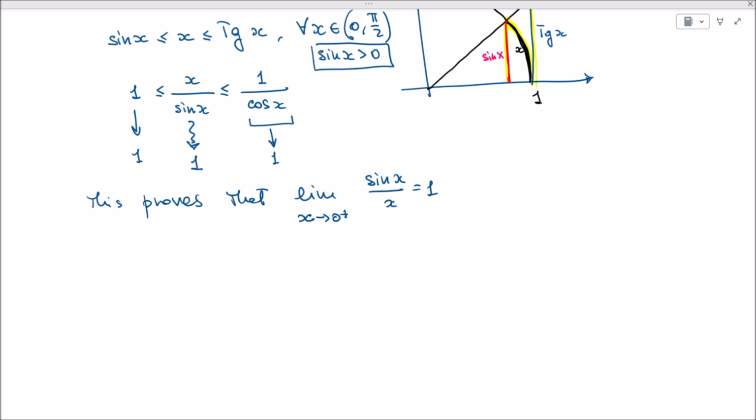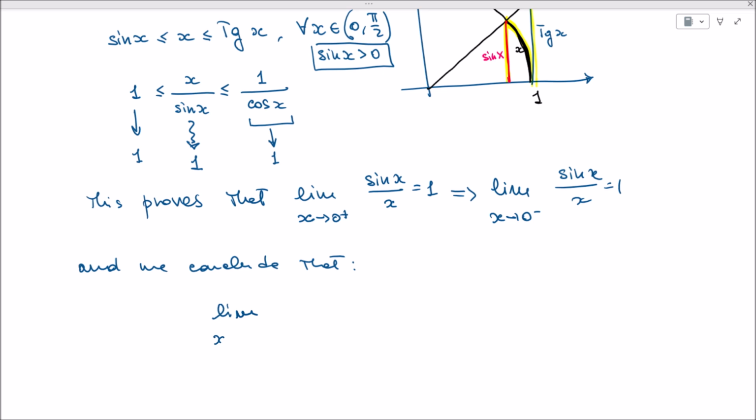But because we know that this function is an even function, we also know at this point that the limit as x goes to 0 minus of sine of x divided by x is equal to 1, and we conclude that the limit as x goes to 0 of sine of x divided by x is equal to 1. Okay? So this will conclude the proof.